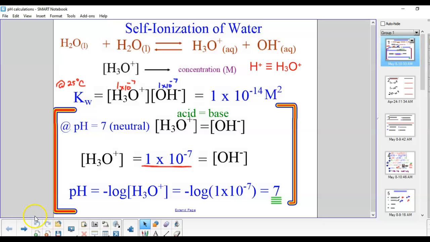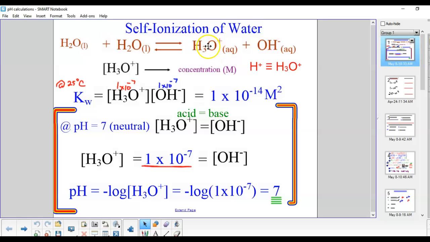Now, this all starts off with the idea that water can ionize with itself. Well, what does that mean? Well, if you have two water molecules, they're going to bump into each other and transfer a proton.